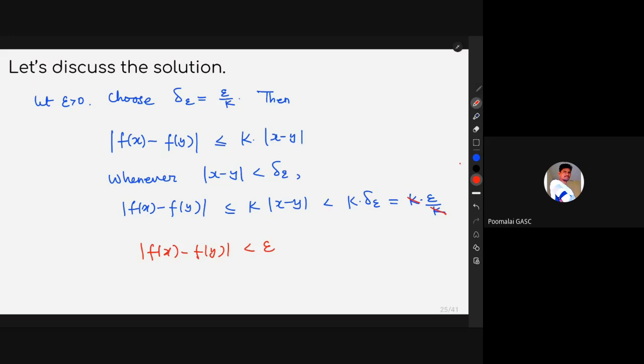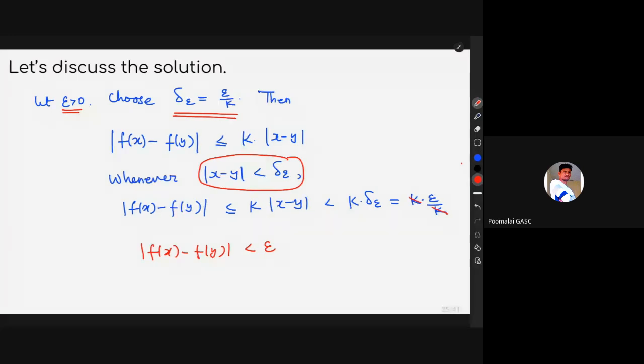Is smaller than epsilon. So does this complete the proof? Yes, it does, because we have started with the epsilon. For this epsilon we have delta, which is completely dependent on epsilon, and whenever the distance of x and y is within this delta neighborhood, your f(x) and f(y) will be smaller than epsilon.